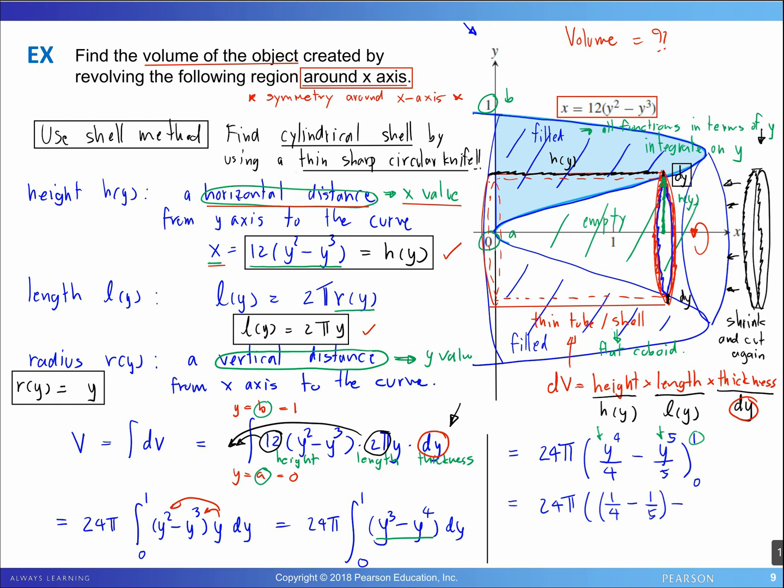Minus, now the starting point 0 goes in, right here and right here. As you can see, everything goes to 0. So we have 0 at the end. And this comes out to be equal to 6 pi over 5. And since this is the volume of an object, this has to be cubic units. And that is the answer for this example.